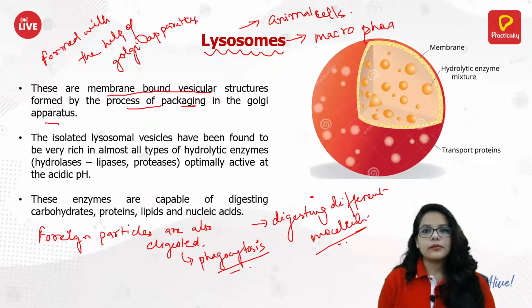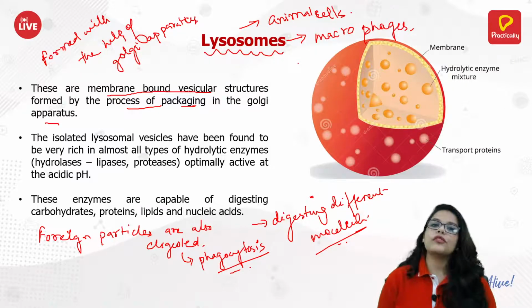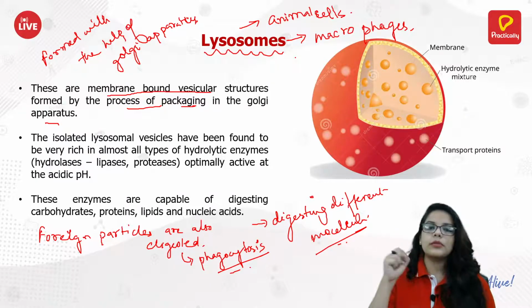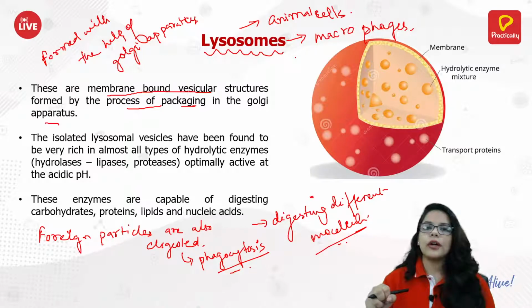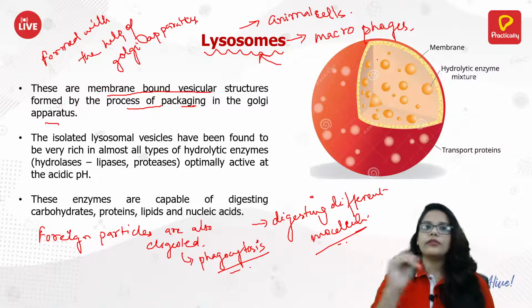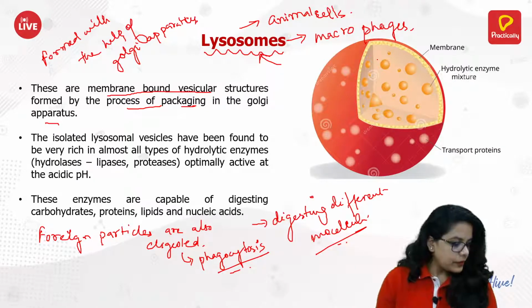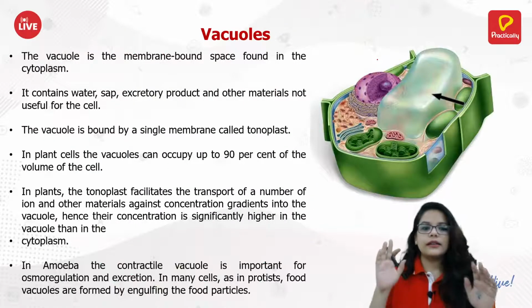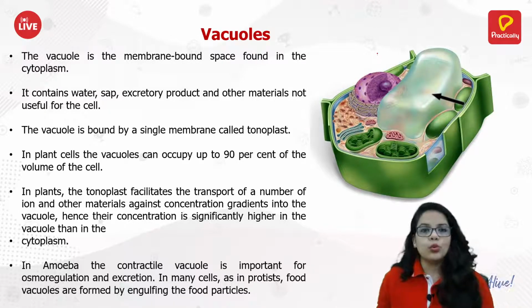Macrophages eat up the foreign particles and they digest them. The lysosomes are the ones that digest the materials with the help of different kinds of enzymes.